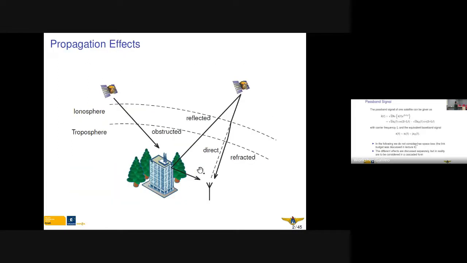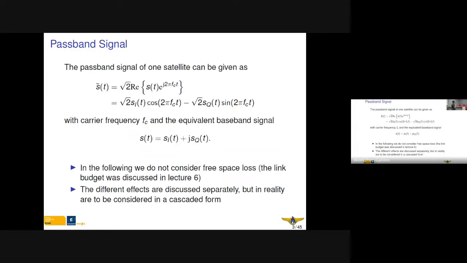We will start here with the passband signal model. I will explain all these effects based on the passband signal, because they are induced to the passband signal, and I will show how they translate to the baseband signal. The passband signal of one satellite, we can write, as we did before, as S tilde of t equals the square root of 2 times the real part of S of t times the exponential function of j2π f_c t.